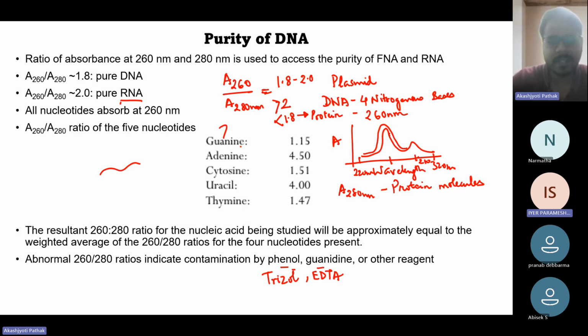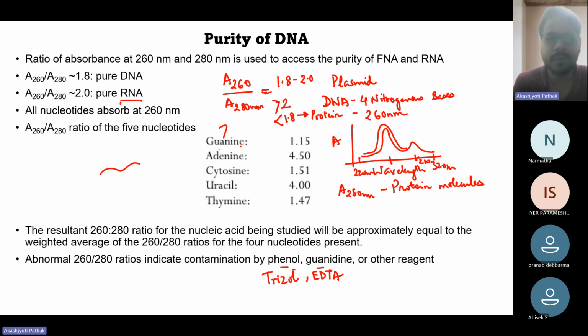Just now we were discussing the 260 by 280 ratio of these nucleotides, right? For double-stranded DNA, single-stranded DNA, or single-stranded RNA, that 260 by 280 ratio will be a weighted average of these four nucleotides.